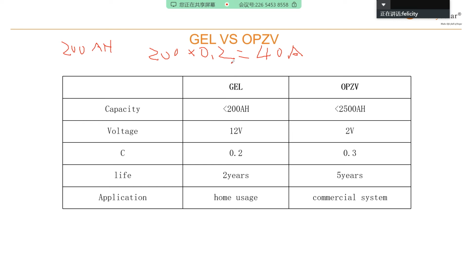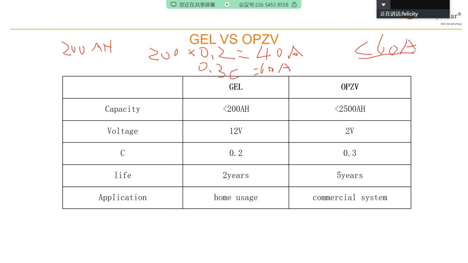But in real usage, the maximum is better less than 60, that means 0.3 C. You can go higher, letting the battery discharge 70 or 80 amps, and it can supply that.